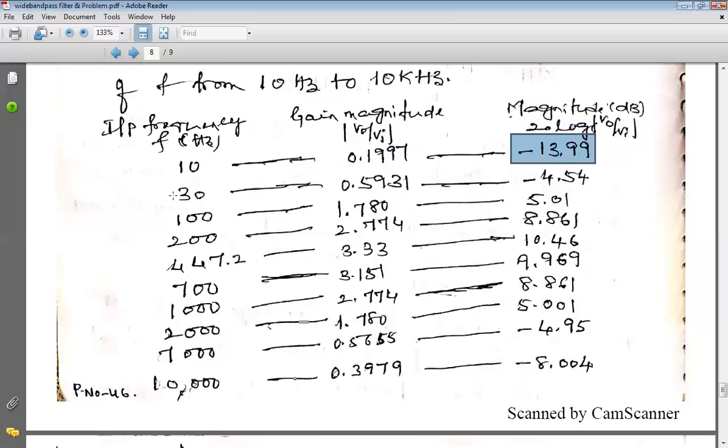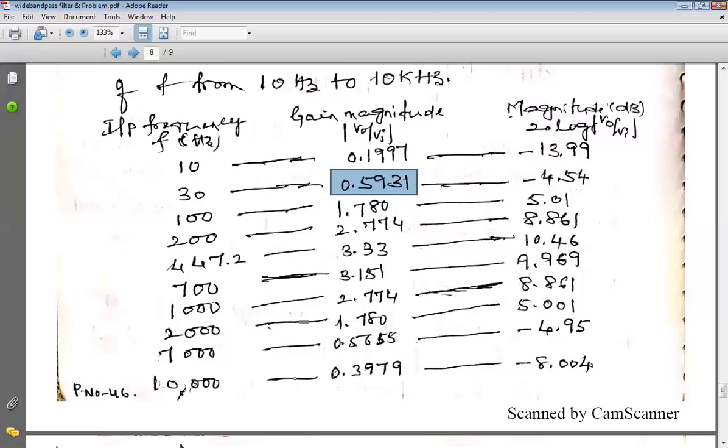Similarly, for the 30 Hz input frequency, the gain magnitude of the filter I am going to get is 0.5931, and in decibels, I take 20 log to the base 10 of 0.5931.